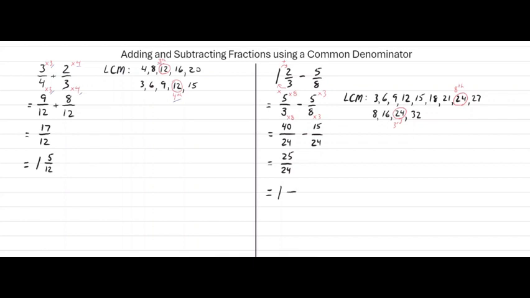We keep the denominator the same at 24. One whole piece would be 24 over 24, or 24 24ths. And when I take that away from 25, there's 1 piece left over. So 1 2/3 take away 5/8 would be 25/24, or 1 1/24.